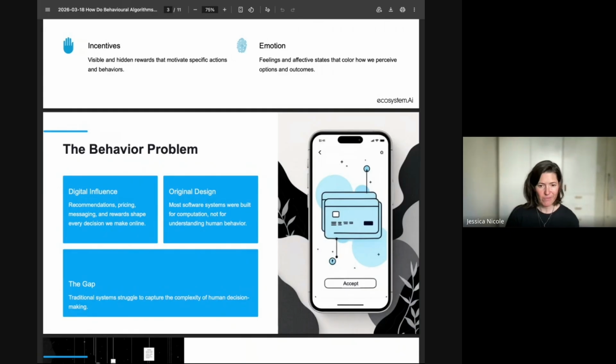There is a problem, though, obviously, with regards to all of this, especially when it comes to behavior within the digital landscape. So the digital environment creates a barrier between the human's humanness and oftentimes the systems in which these digital infrastructures were built.